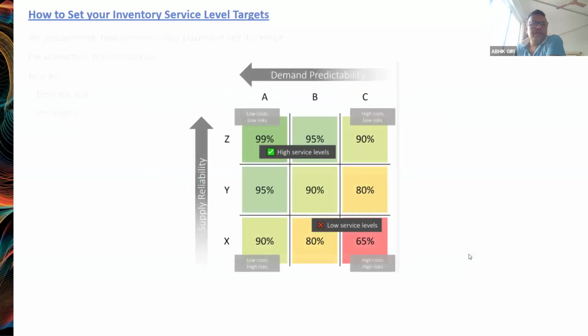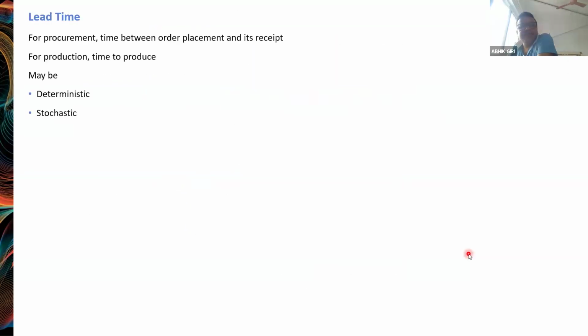In the last class, I think we discussed lead time. Lead time for manufacturing is the time to produce a material, and for procurement, it is the time between placing the order and receiving the product. This lead time may be deterministic or stochastic.